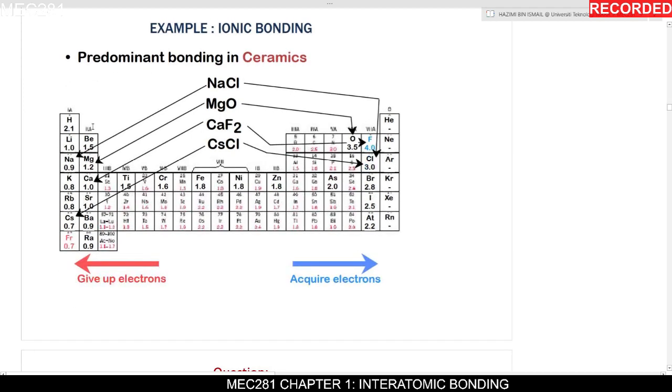Here the elements have the tendency to give up electrons, and around here are the elements that will acquire electrons. So the combination between group 1 and 2 and group 6 and 7, you will have ionic bonding.